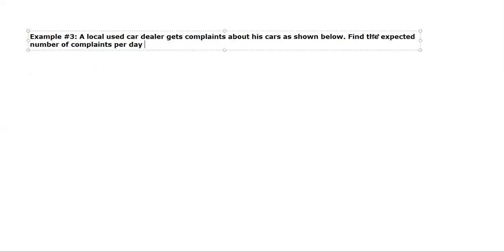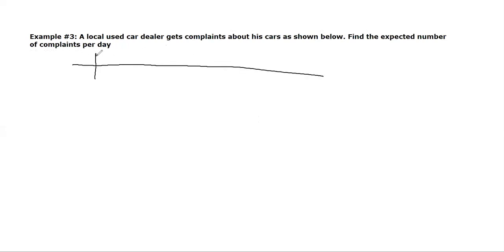Okay. So for this example, this used car dealer will get different numbers of complaints. What does this mean? For any given day, X is the number of complaints, right? Sometimes he will get 0 complaints, sometimes 1, sometimes 2, 3, 4, 5, and 6.